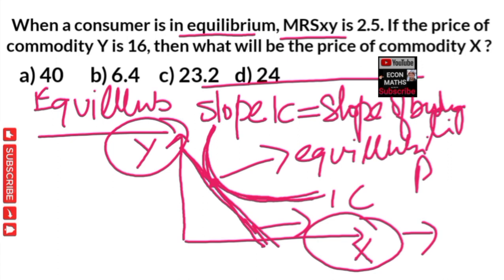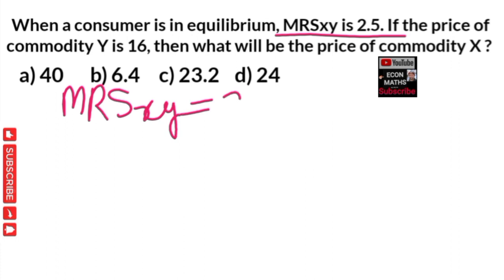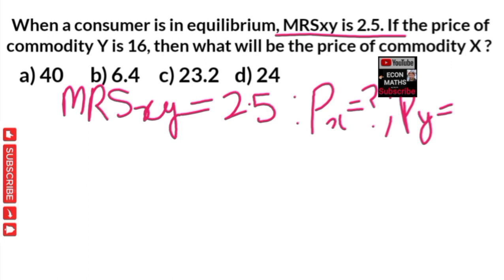So I will repeat how we calculated the solution. We were given that the marginal rate of substitution between X and Y was 2.5. The price of X we have to find, but the price of Y was given as 16.